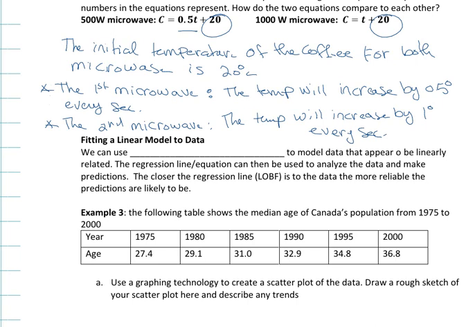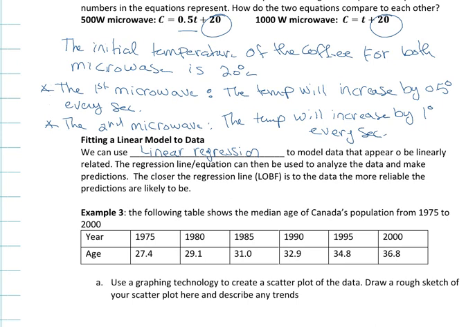So, let's look at the next example. It's called linear regression, used to model data that appear to be linearly related, and we call that the line of best fit.